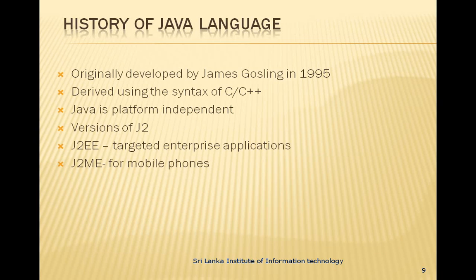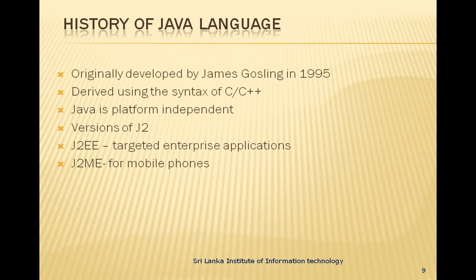For the further development of mobile technology, the Java language had a major contribution. From this slide onwards, we will look at the contribution of Java language components. As a start, let's talk about Java history. The Java language was originally developed by James Gosling at Sun Microsystems and released in 1995. It derives much of its syntax from C and C++.